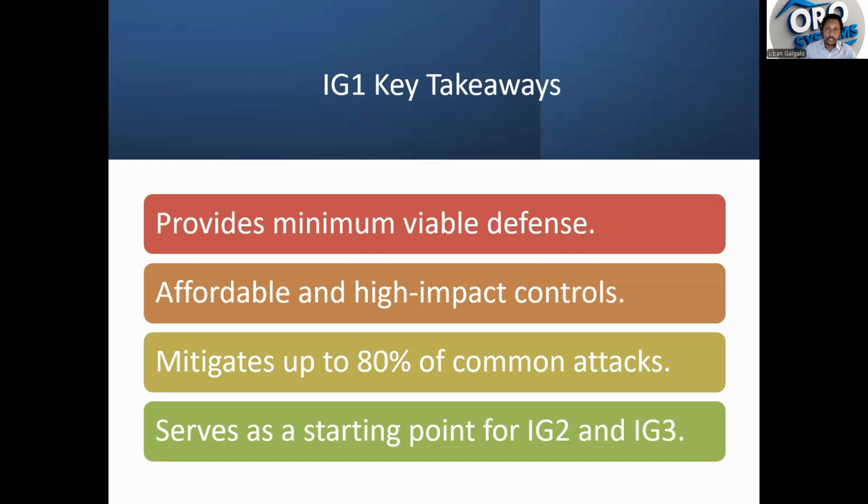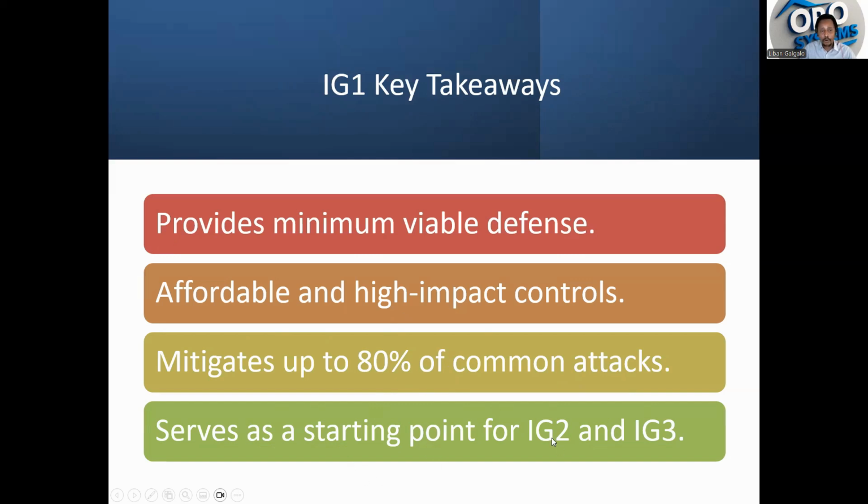That's why it doesn't need that much cost. They just adopt that control, become aware of phishing practices, and protect themselves. It mitigates up to 80% of common attacks. Think about it: instead of the company having nothing in place, if they at least put IG1 in place, that will protect the company from 80% of common attacks.